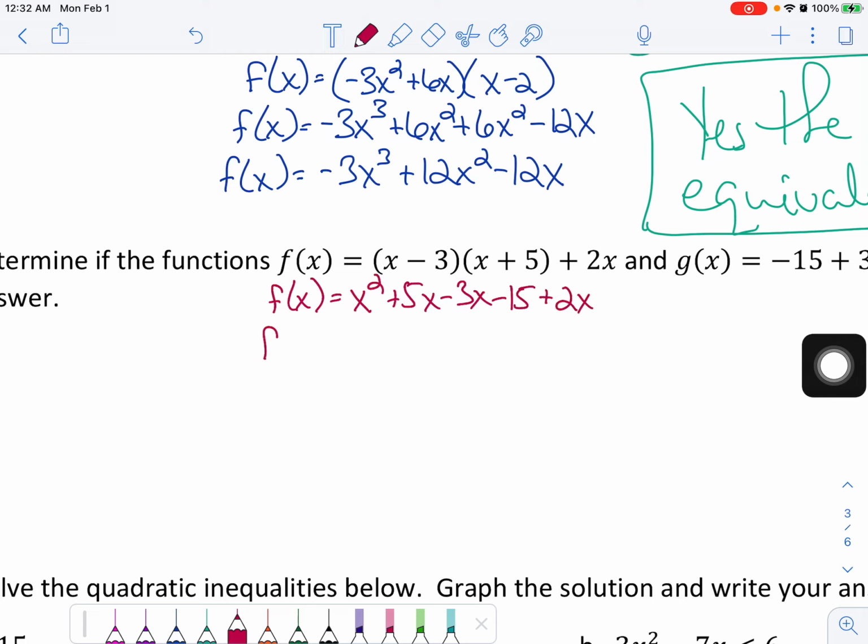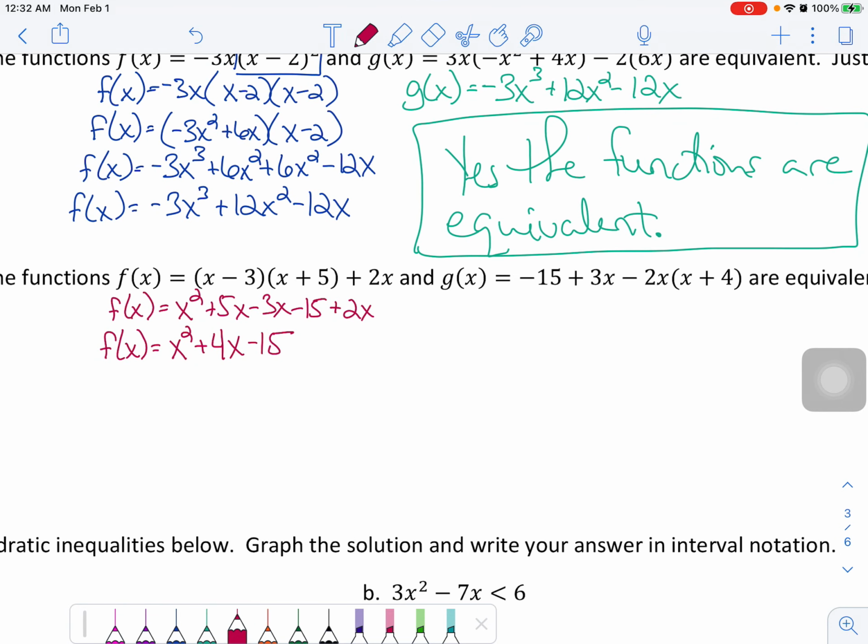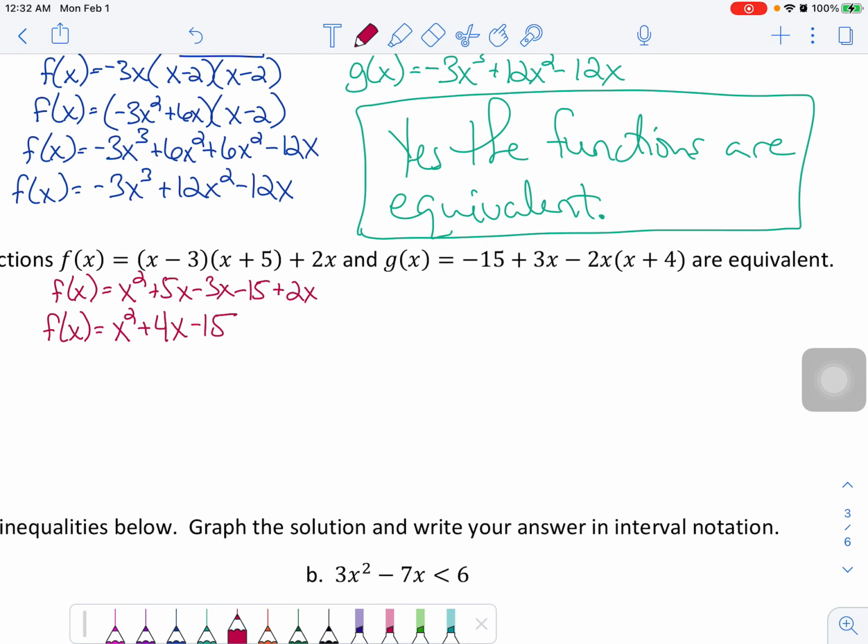So plus 2x. So speaking of like terms, we've got a few x terms here. So 5x minus 3x plus 2x. So plus 4x minus 15. And that's as simple as f of x is going to get.